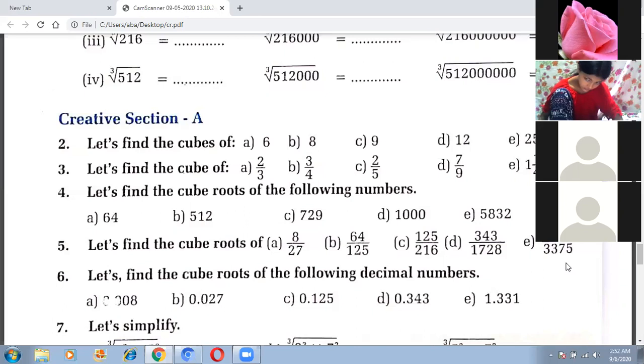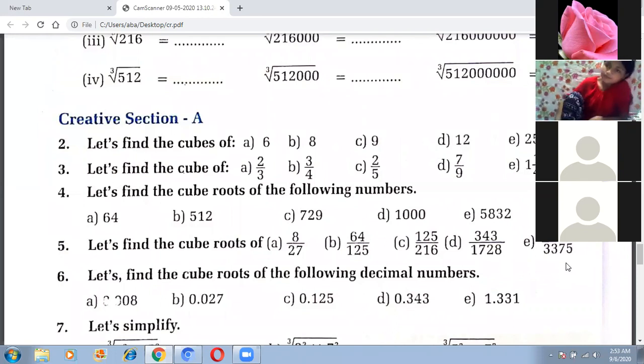8 by 1000. Yes. Remove the decimal and write 1 in the denominator. After the decimal, how many digits are there? 3 digits. So you write 1000. Now 0008 means only 8. If there is no decimal number and there is 0 in front of the given number, you don't need to write the 0.